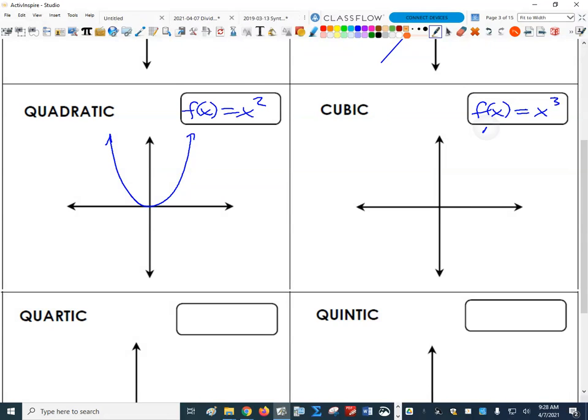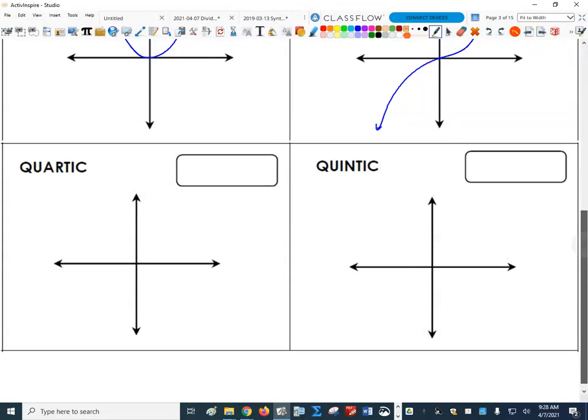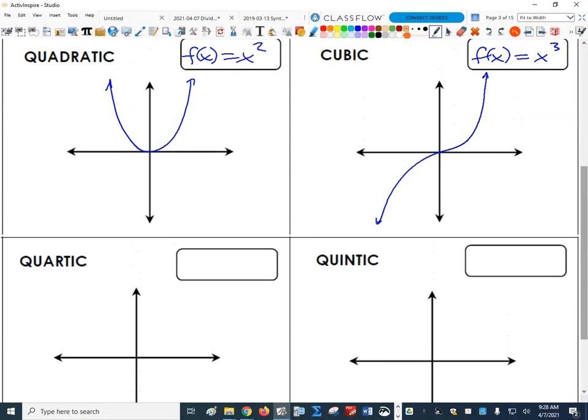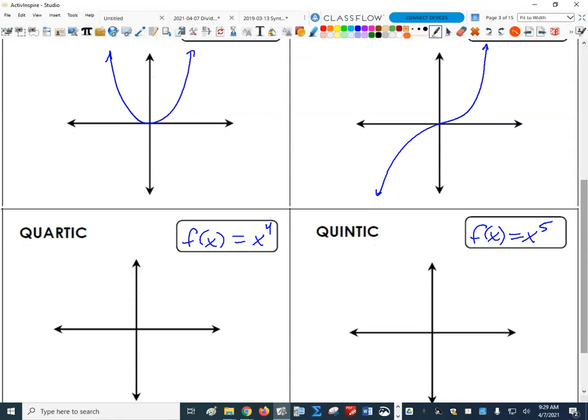It looked kind of like that. Okay, what about quartic and quintic? What's quartic going to be? X to the 4th. And quintic would be x to the 5th.